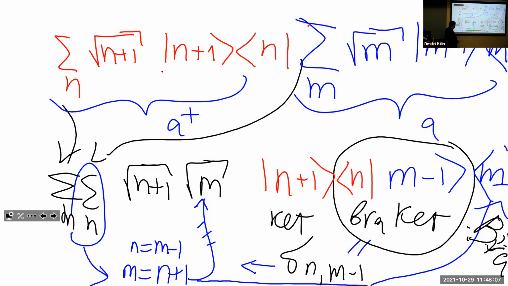Okay. So we replace m with n plus 1 here, right? We replace m with n plus 1 there. And I was lying, I will remove not summation over n, but summation over m.